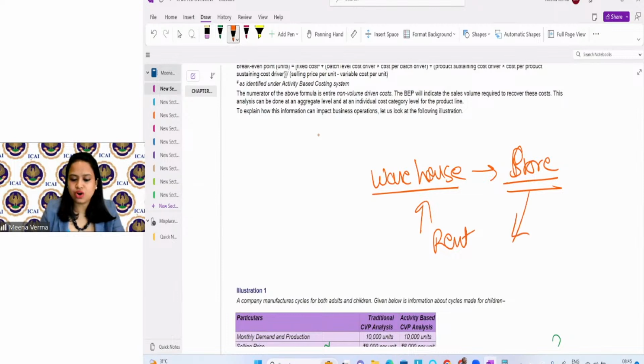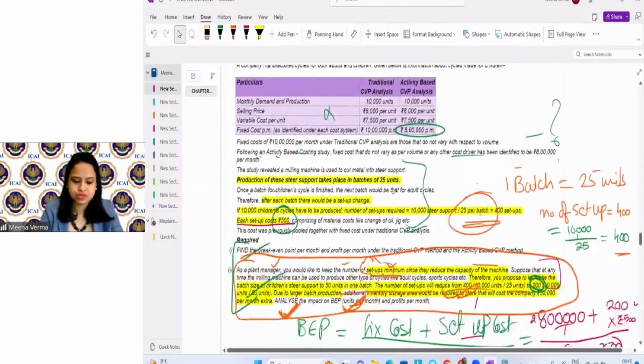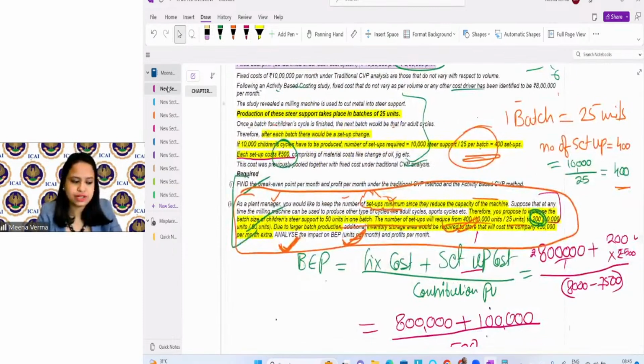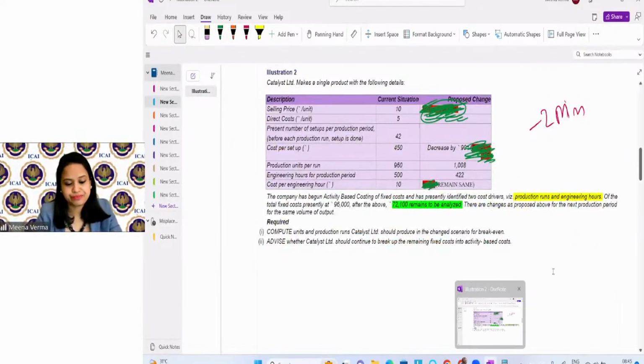So this storage cost will be considered as a fixed cost. Though no storage cost is given here, setup cost is given. But in case there is any storage cost, that storage cost will be considered as a fixed cost. All right.